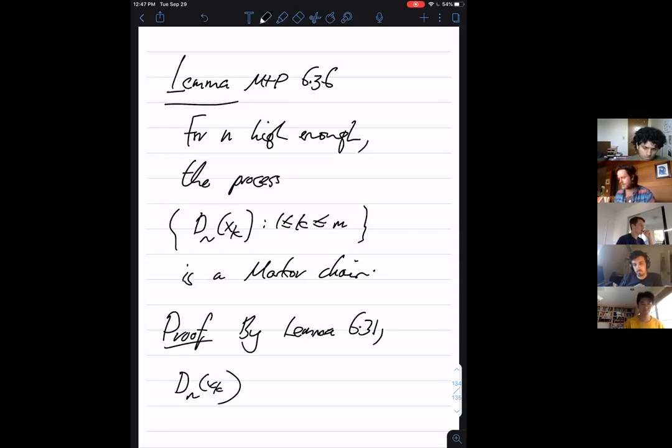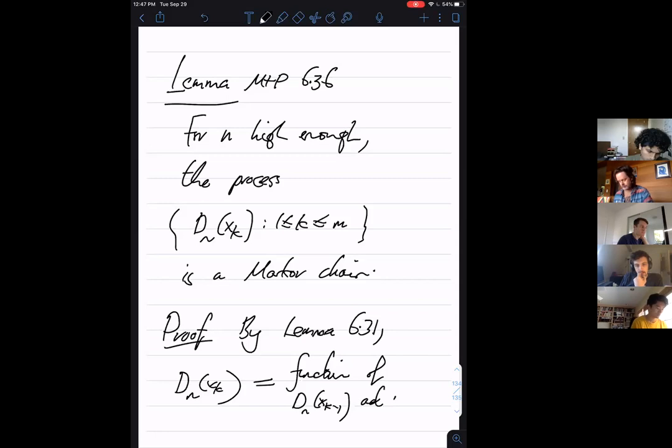The D_n^x(k) is basically a function of what was going on at the level below, and various random variables that are independent of everything really, including all the lower levels, and including, I think, D_n^x(k-1).